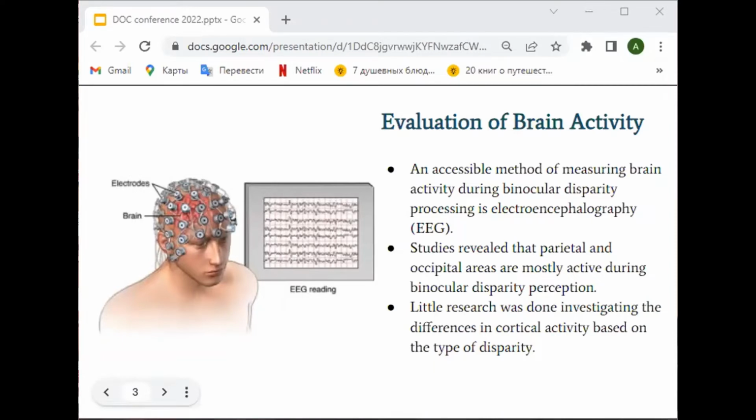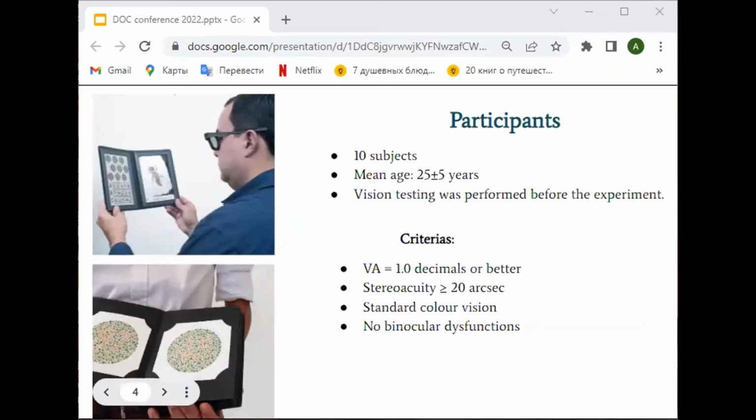However, very little attention was paid to elucidating differences in EEG components depending on the type of disparity being presented.